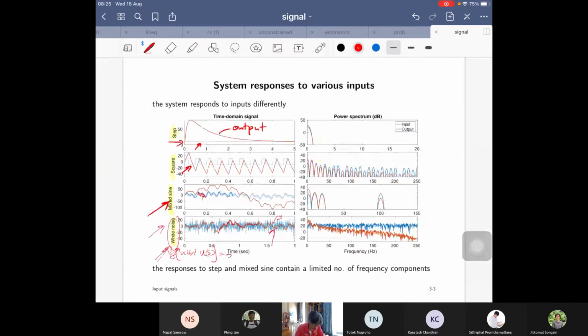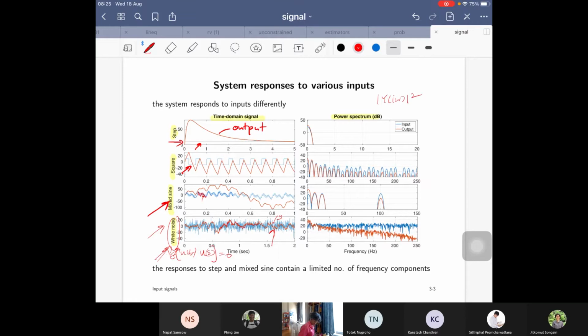Okay, so this is what you see in time domain. How about in frequency domain? What I plot here is the power spectrum. The power spectrum is a function that you examine in the frequency domain. Okay.